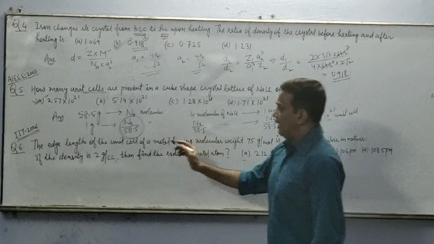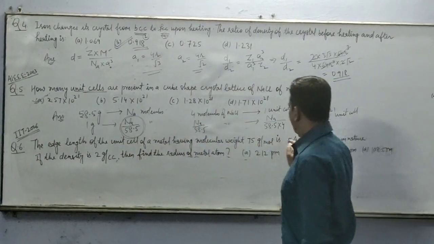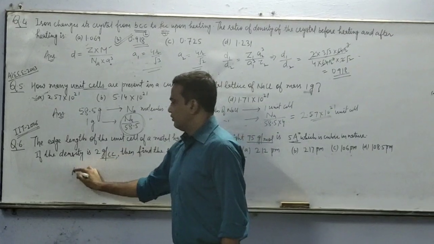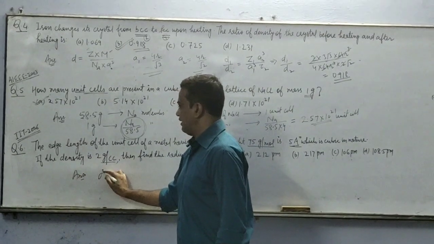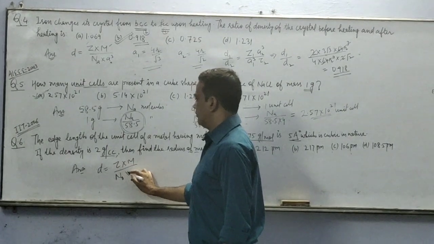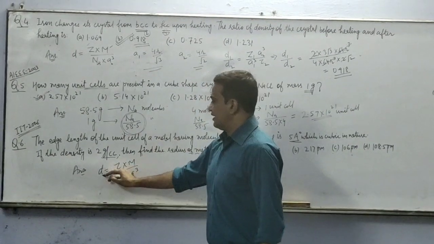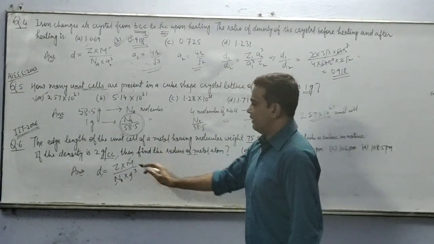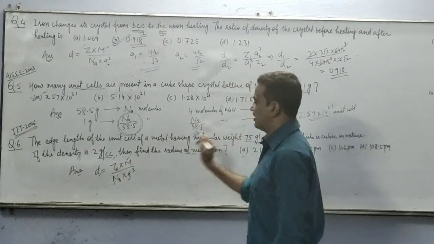Now you are given the edge length, molar mass, and density. So using again the formula of density, Z into M upon Na into A cube. Density is given, M is known, Na is known, A is known. You can find out which type of unit cell it is.